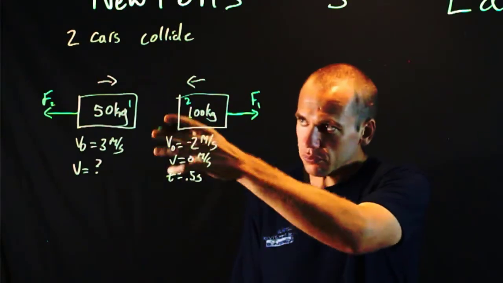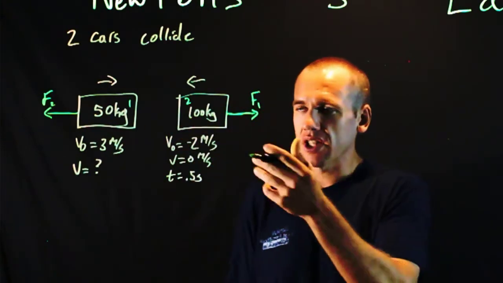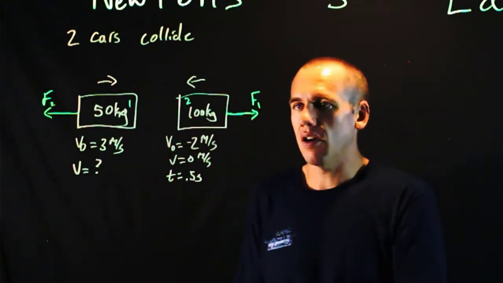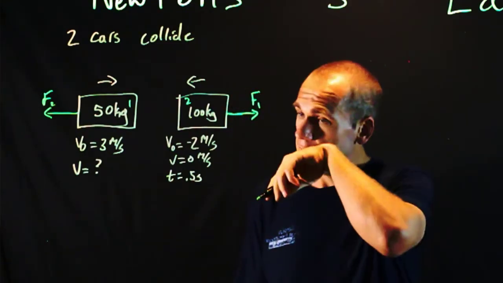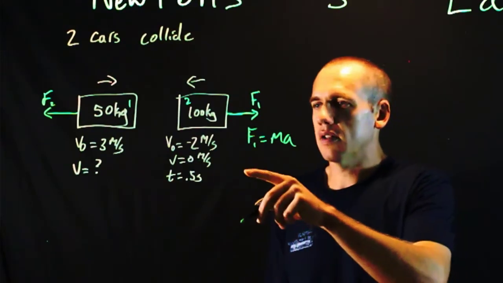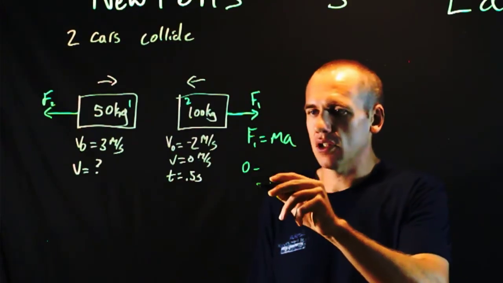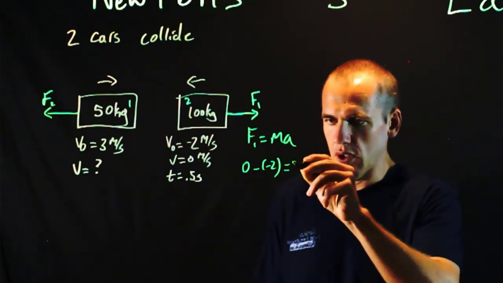And so this is now just a Newton's second law problem, right? As soon as I've established that these forces are equal and opposite, then all I've got left to do is the math. And so here I can say, well, F equals ma, and so final velocity 0 minus initial velocity -2 equals 2.